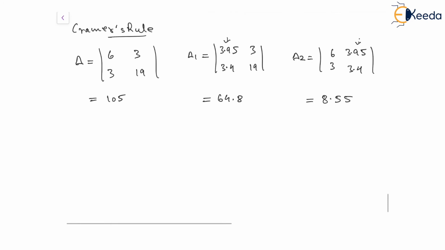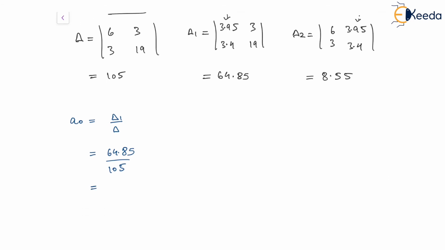Now using Cramer's rule, the values of a naught and a1 can be found. a naught will be del 1 over del, which is 64.8 over 105, which is equal to 0.6176. a1 will be del 2 over del, and that will be 8.55 over 105, which will be equal to 0.0814.